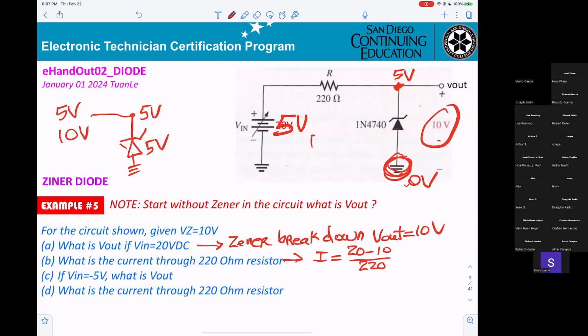Diode off. Okay, 0 volts is less than 5 volts. Exactly. Anode here, cathode here. Diode off, it will be open. So V out equals 5 volt.